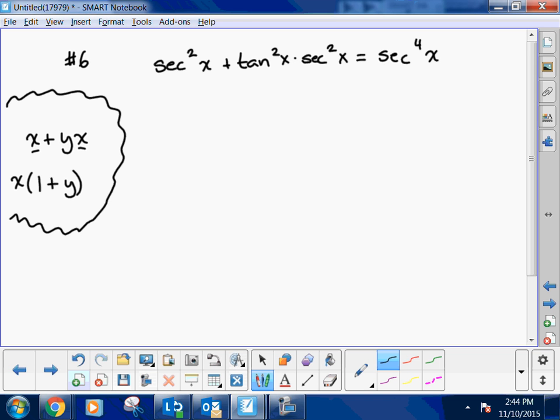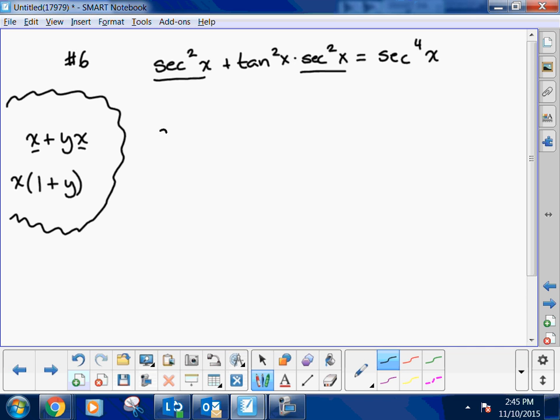What we're going to do now is use trig with the same concept that your Algebra 1, 2 teacher taught you. But instead of factoring out x, I'm going to factor out a secant squared x, placing it on the outside, just like you see how I place the x on the outside of the parentheses.